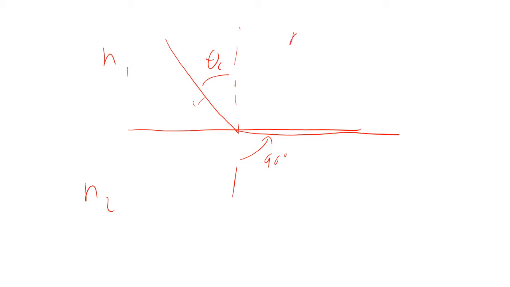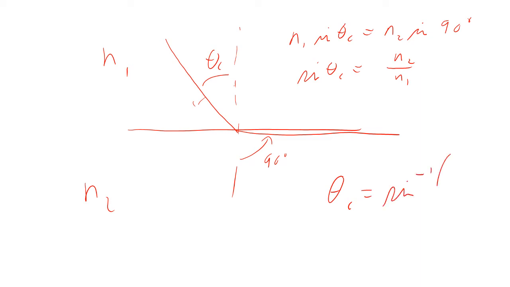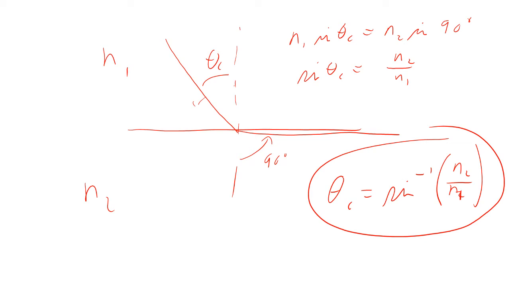So we know that N1 sine theta c equals N2 sine 90 degrees. So that means sine theta c equals N2 over N1, because sine of 90 degrees is 1. So theta c, the critical angle, is the arc sine, the inverse sine, of N2 over N1. And that is the critical angle for total internal reflection.